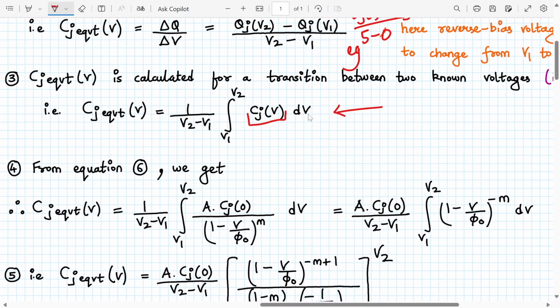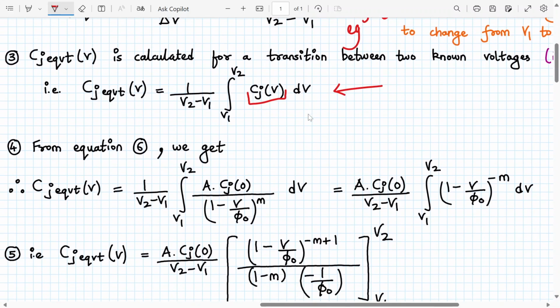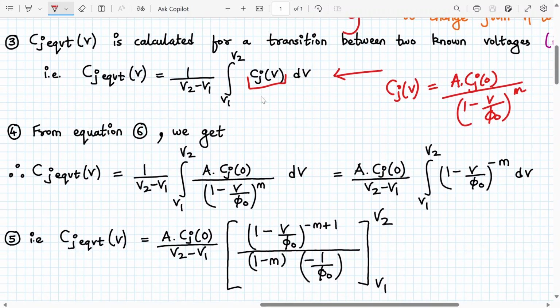Yes, sir. Okay, so from equation number 6, what is Cj of V? Cj of V was A into Cj0 divided by 1 minus V upon phi naught, the whole raised to m. That is the general expression. At the end we'll substitute m equal to half, not now, so right now let us keep it as it is. So this we have substituted over here.